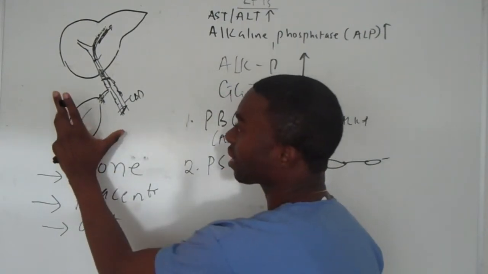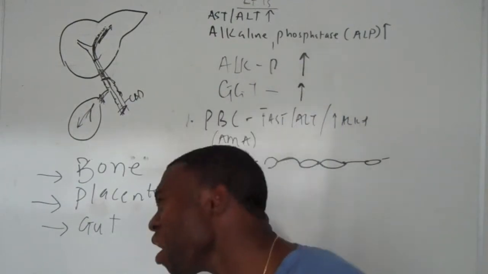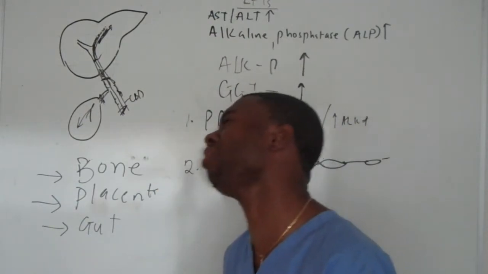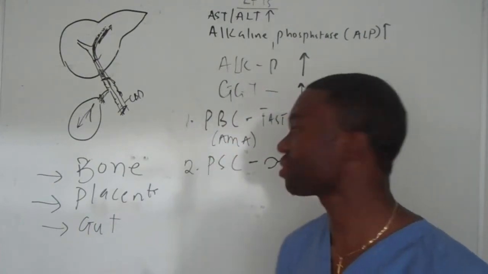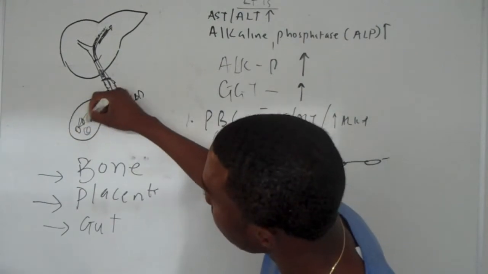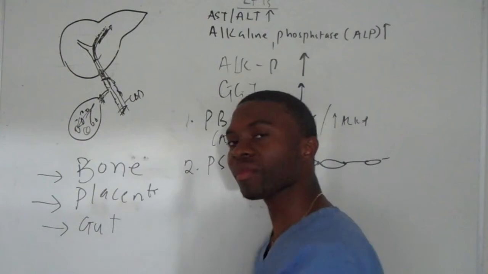And every time this guy contracts, he's pushing against this stone, and it hurts. You get this biliary colic pain due to the obstruction. You check the labs, bam, right? That's cholestasis, stasis of bile, and the stones are just in there, irritating.